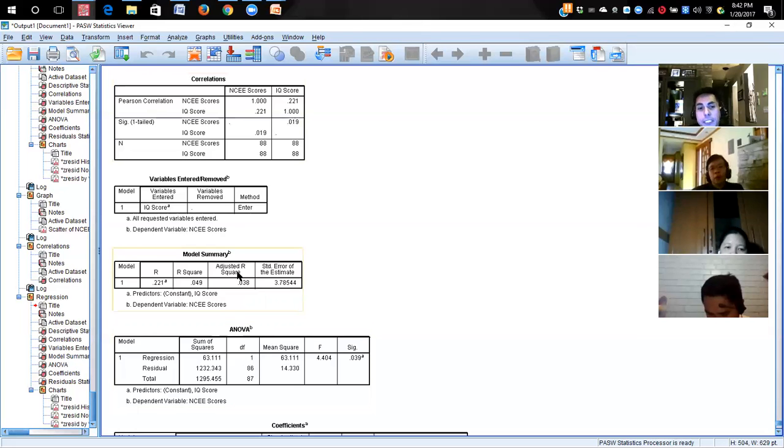The difference between the R-square and the adjusted R-square is going to be huge if you have a very small sample. Basically, the premise of this adjusted R-square is that if you have only an N of 2, you will have a perfect correlation, right? 1 and 1, because you only have an N of 2.